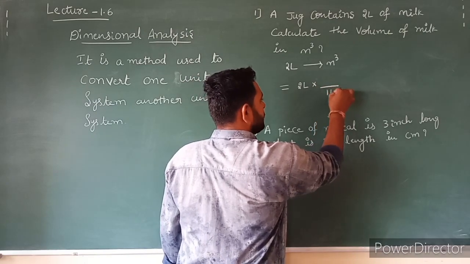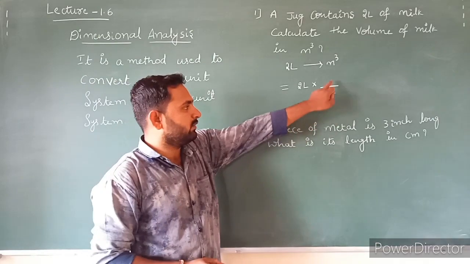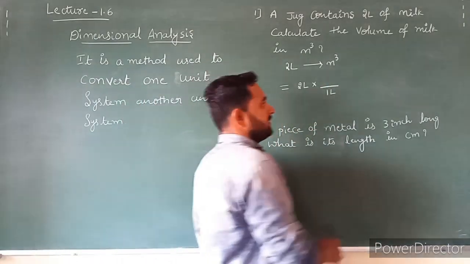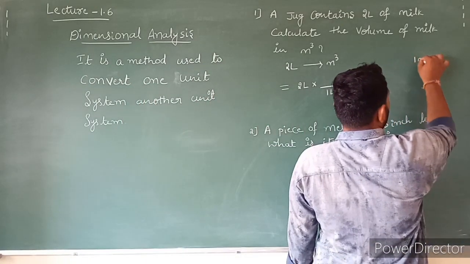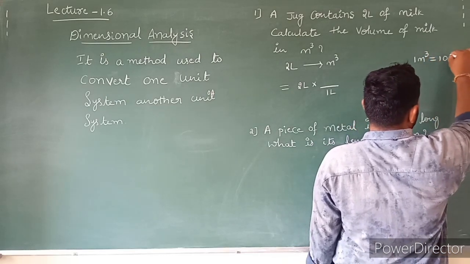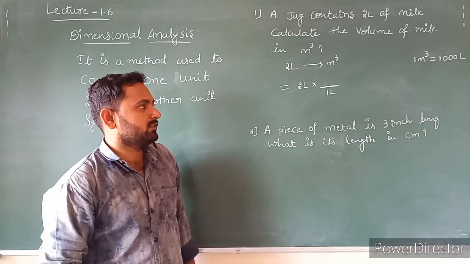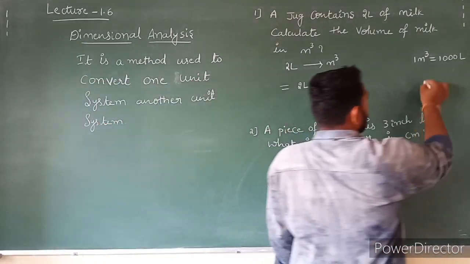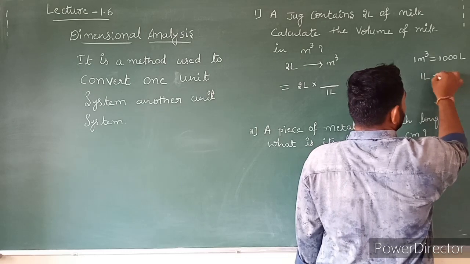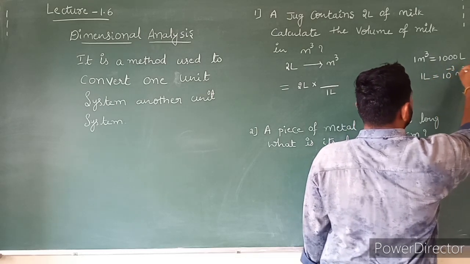1 liter is equal to how many cubic meter? Let us say 1 cubic meter is equal to 1000 liters, right? Then 1 liter is equal to 10 power minus 3 cubic meter. Why?